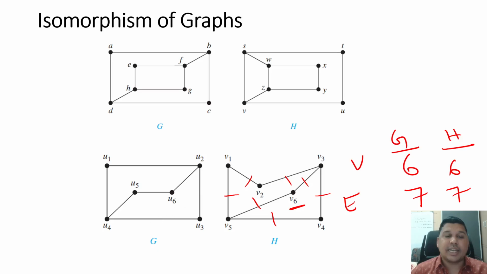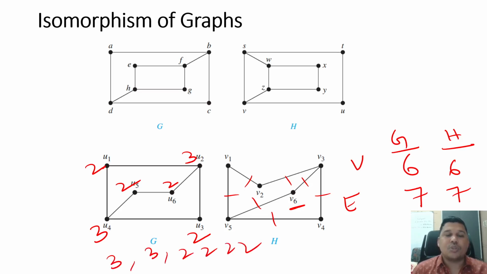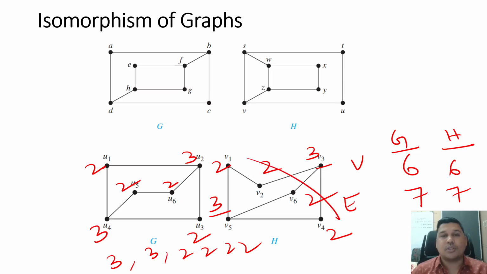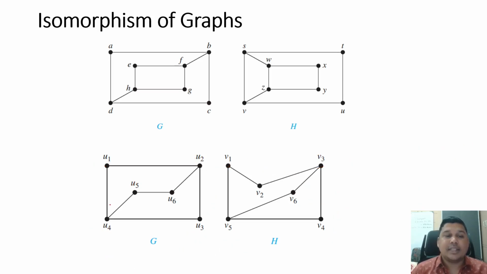Now let's find out the degrees of the vertices. It is 2, it is 3, it is 2, it is 3, here it is 2 and 2. So the degree sequence is 3, 3, then four 2s. In the second graph, if you check, this is 2, this is 3, this is 2, this is 3, 2, 2. It is matching because the degree sequence here is 3, 3, then four 2s. So we can say that these two graphs are isomorphic to each other.